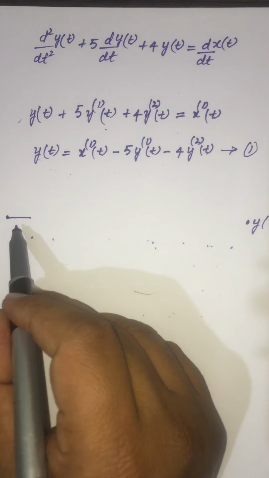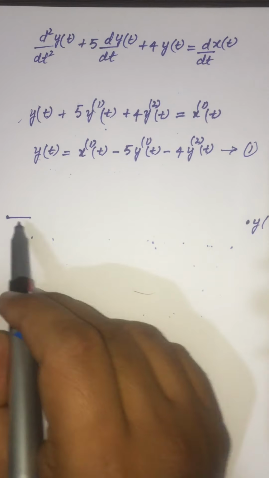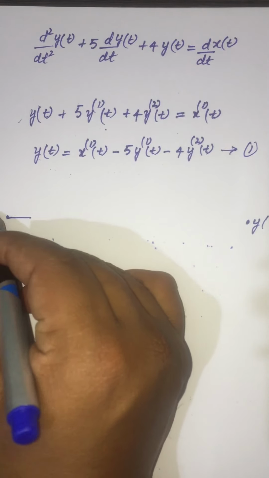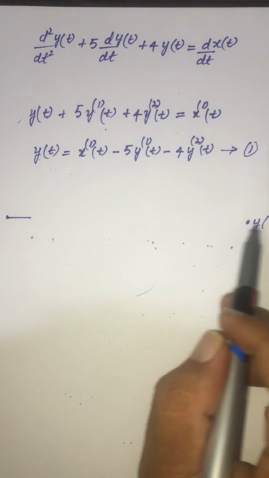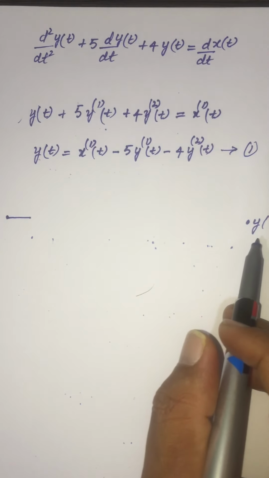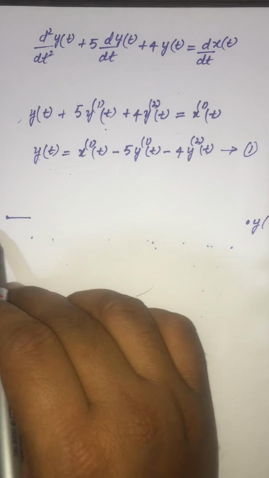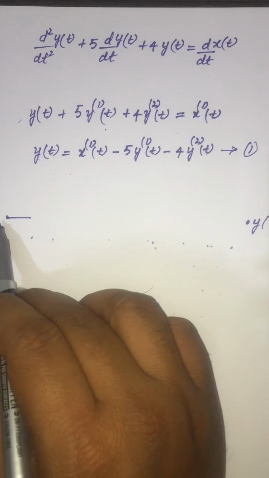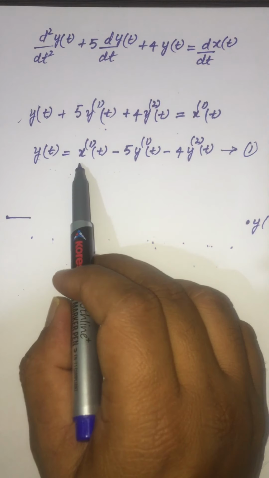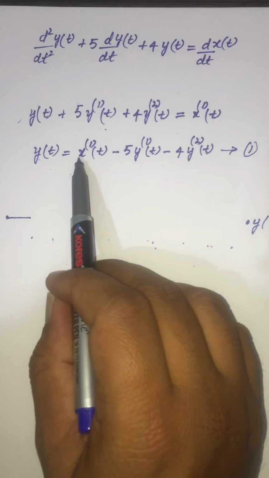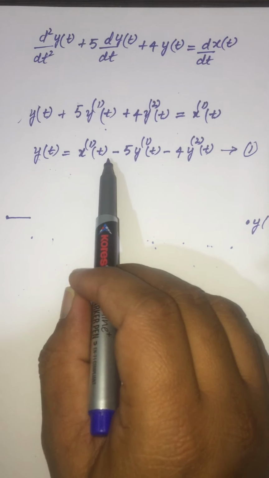Okay, now can I direct this x of t to y of t? Can I join it directly here? Yes or no? Directly I cannot join this x of t to y of t because I don't have any simple x of t. We have x1 of t, isn't it?